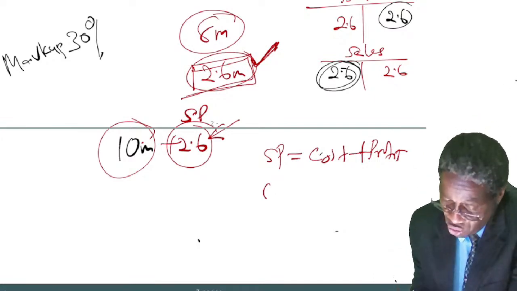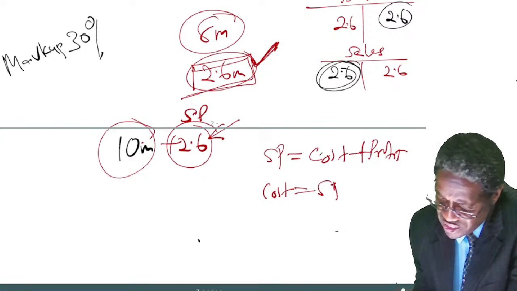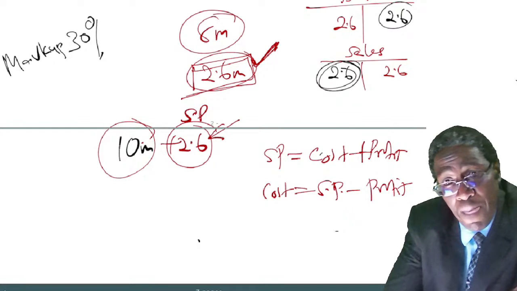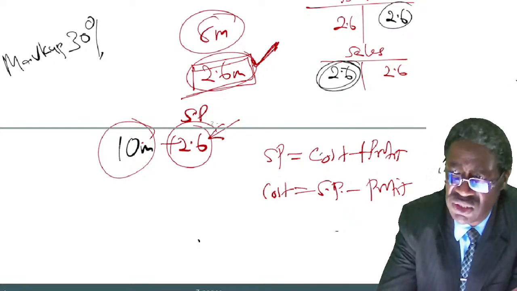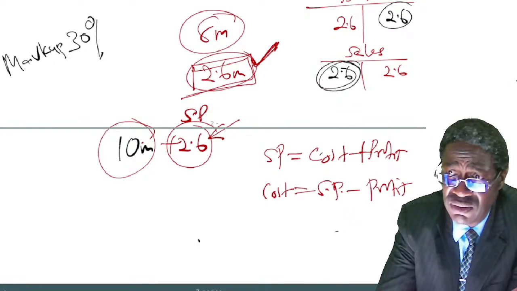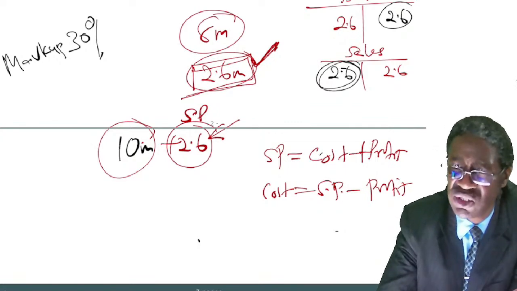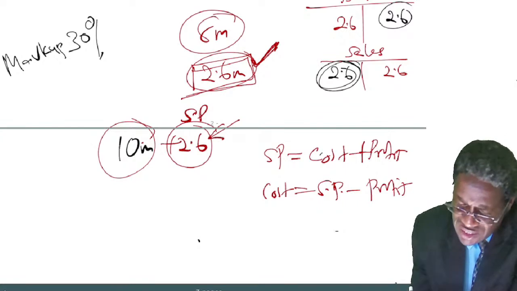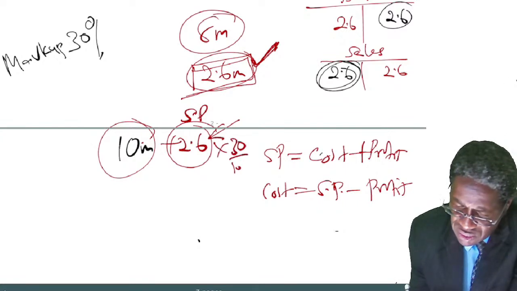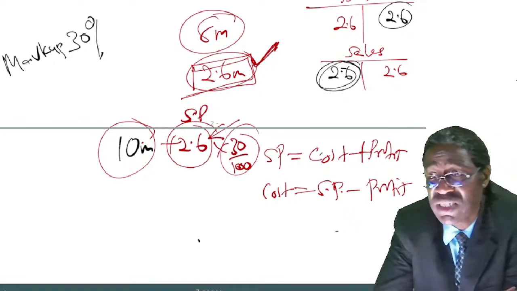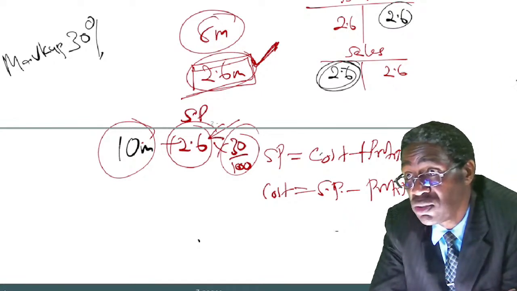So to get the cost, it is obvious I should take the selling price minus the profit in that selling price. Now my question is this, and I want you to answer me now. To get the profit out of this 2.6 million, can I just take 30% of it? Can I take 30% of it? It's either yes or no.